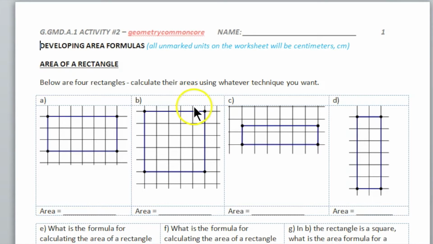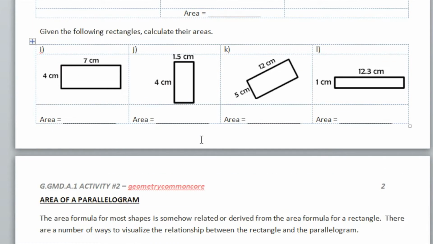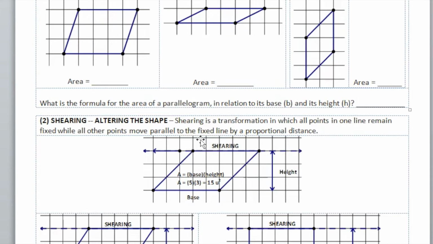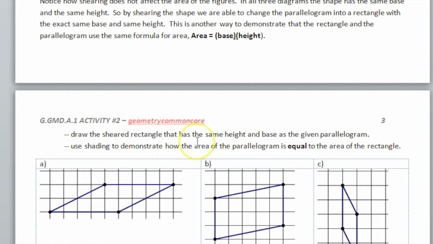Lots of hands-on counting and sliding and shearing, different techniques for calculating these things, just to set up the heart of knowing what area is, and then being able to apply it in a modeling problem about surface area and paint.